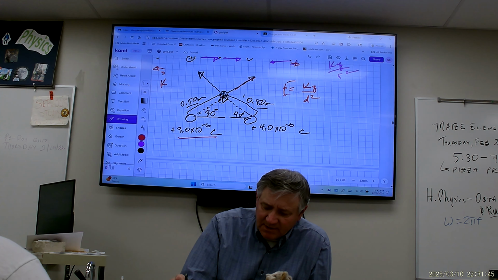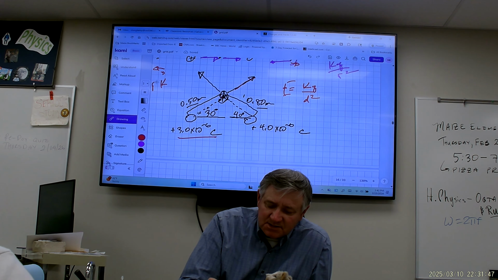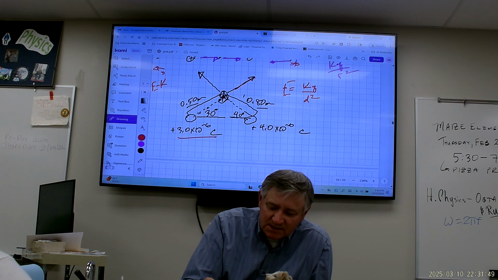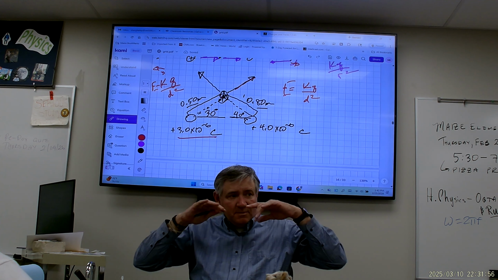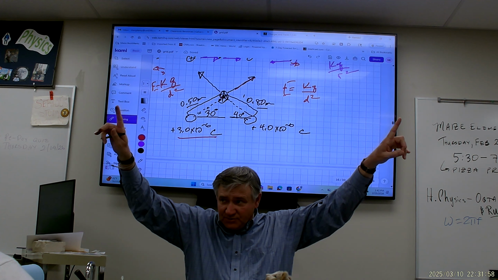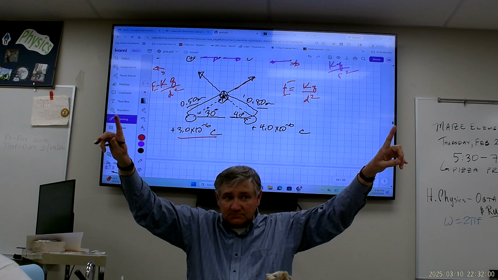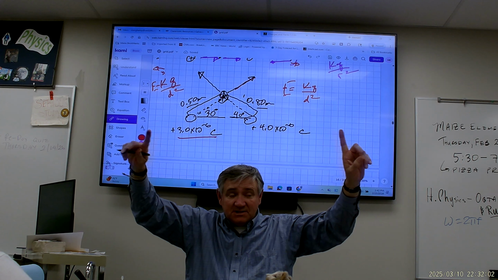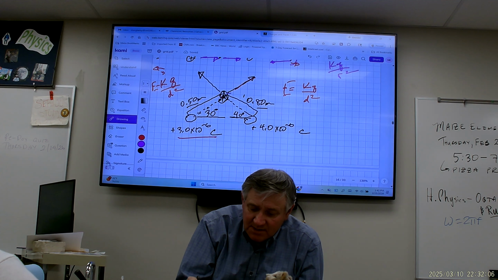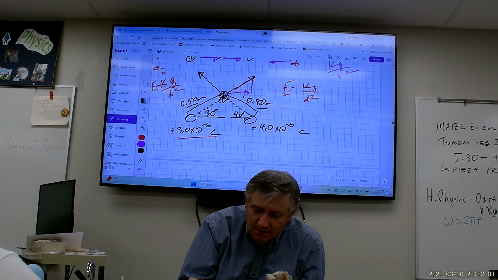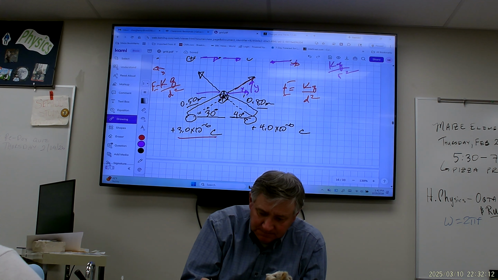Oh, I'm sorry, electric field. I left off an E. So the E is going to be KQ over R squared. So remember, that R is going to represent which side of the triangle? The hypotenuse, right? Now, once you get that, then you can find the X and Y components of each one, right?